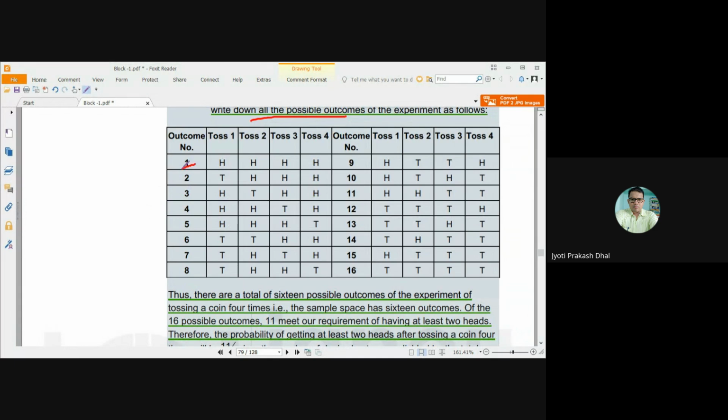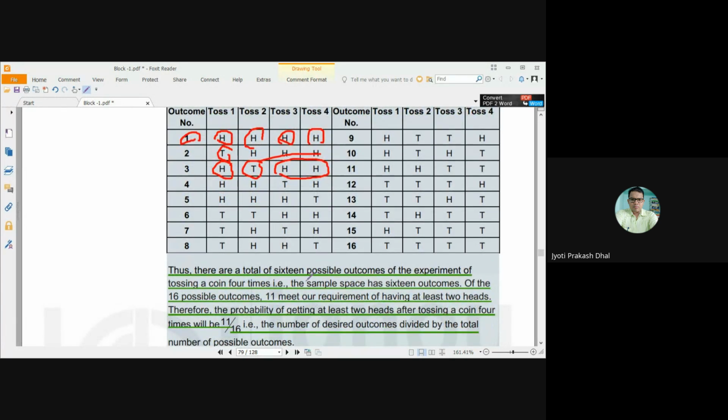First, the outcome number 1. The outcome number 1 will be, for toss 1, H, toss 2 H, third toss H, fourth toss H. And the second outcome may be first toss T and the remaining tosses H. The third outcome will be first toss H, third and fourth toss H, only the second toss will be T. And similarly, you will find 16 different types of outcomes.